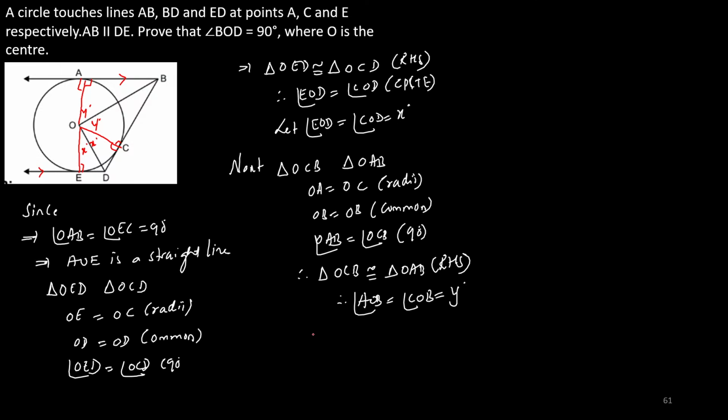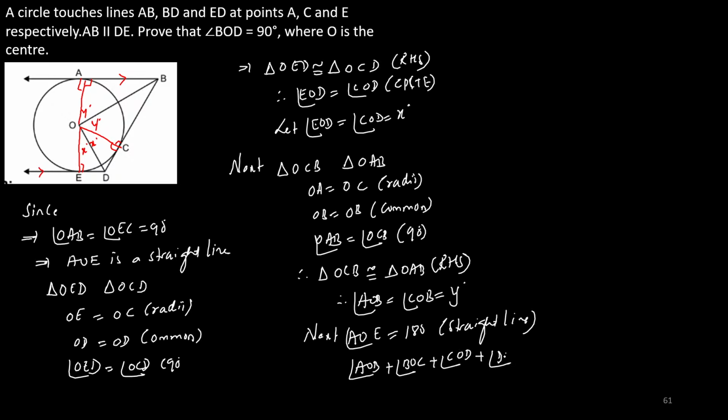So next, angle AOE is equal to 180 degrees, as AE is a straight line. Therefore I can write angle AOB plus angle BOC plus angle COD plus angle DOE is equal to 180 degrees.